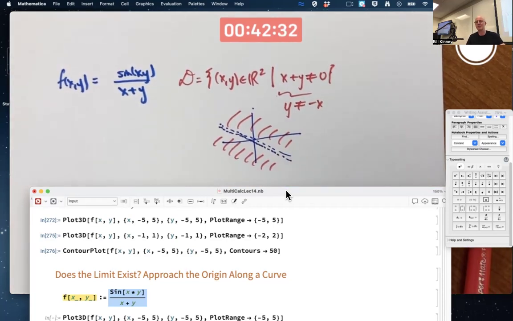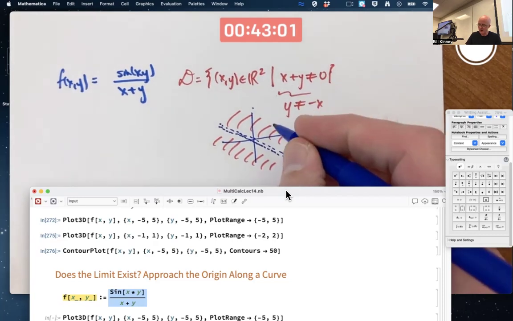However, in drawing it like this, realize I've made it look like what's not in the domain has some thickness to it. It doesn't. It's just a missing line, the line y equals negative x. All the points on that line y equals negative x are not in the domain. All the points not on that line are in the domain. This is an open set as well.